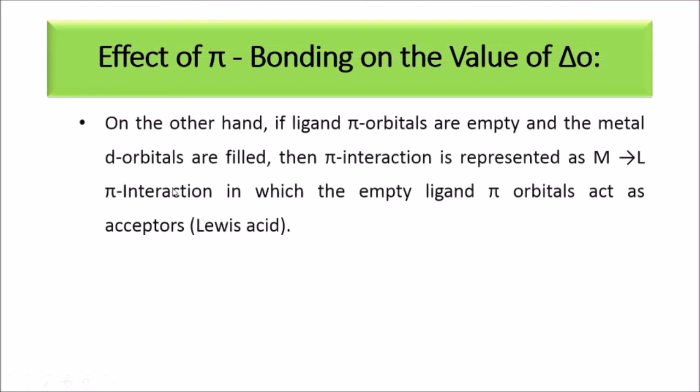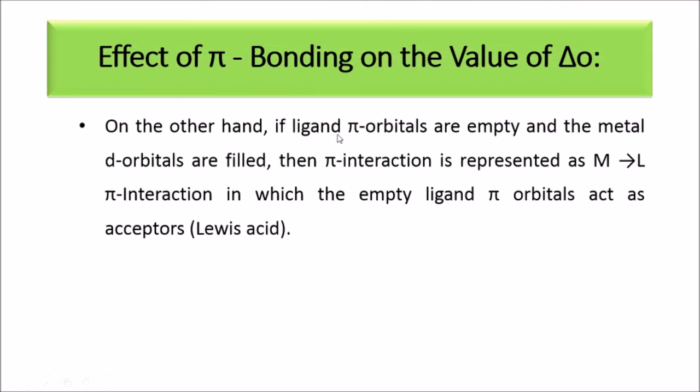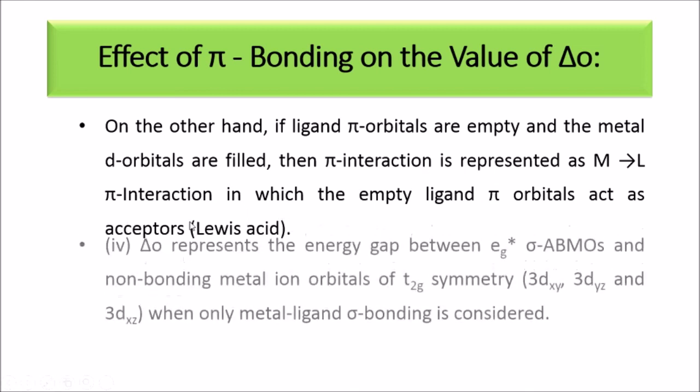And similarly, when we discuss ligand pi orbitals which are empty and the metal d orbitals which are filled, then whatever pi interaction takes place is represented as metal to ligand pi interaction, in which empty ligand pi orbitals act as acceptors and they are branded as Lewis acid. So that you need to keep in mind.